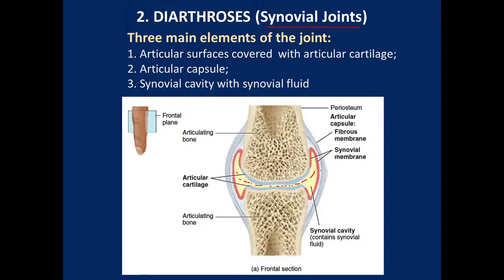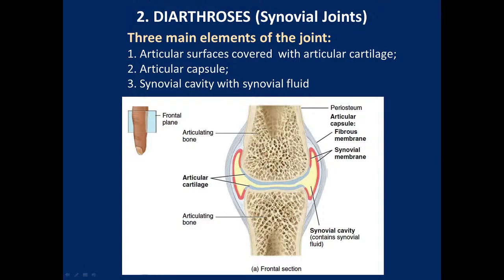Synovial joints range from slightly movable to the most mobile joints of our body. There are three main components in every joint. Three elements here. First element is articular surfaces, and they are covered with the articular cartilage.